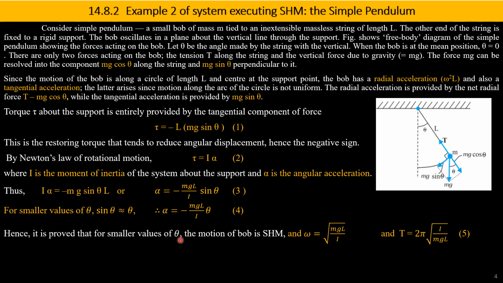Hence, it is proved that for smaller values of theta, the motion of the bob is simple harmonic, and omega is equal to square root of mgL divided by I, and the time period T is equal to 2 pi into square root of I divided by mgL. Let it be equation 5.